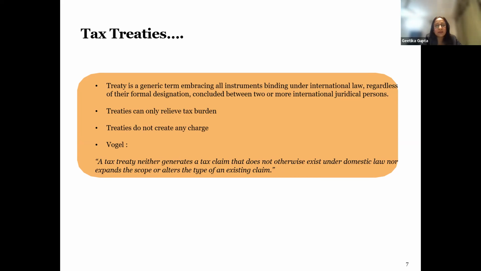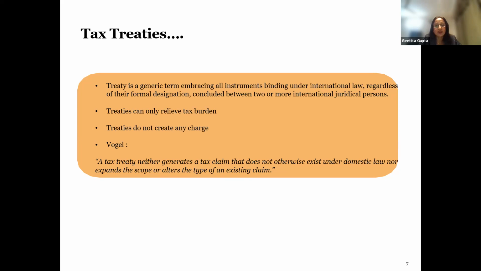No. The principle is that in case the domestic tax law is more beneficial as compared to the tax treaty, then the same shall prevail. So the tax treaties work on the non-aggravation principle. In other words, if an income is not taxable under the domestic tax law, such income cannot be taxed in accordance with the tax treaty provisions.